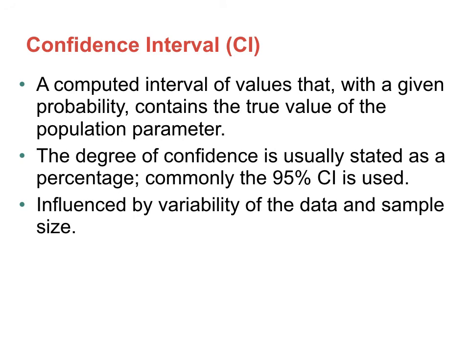Then we have confidence intervals, which I haven't talked about in class so far, but it is something that's important. It's a computed interval of values that, with a given probability, contains the true value of the population parameter. What does that mean?